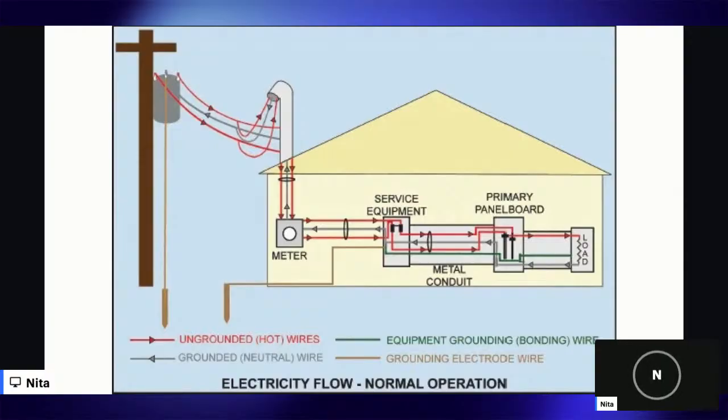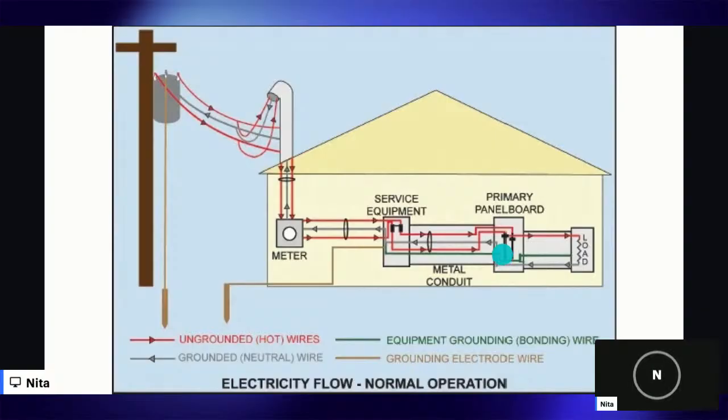This is where we need our grounding system. So what happens is the fault occurs and then our current travels through our EGC. So this is the load. Say this is a light bulb. We have a ground fault at the light bulb. The current would travel through the ground wire that's connected to the light bulb, which is an EGC.